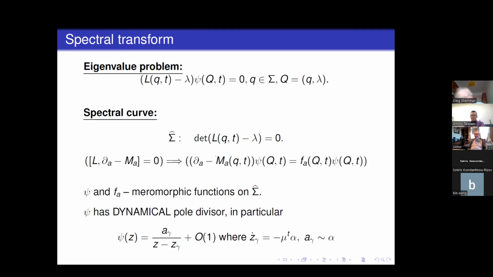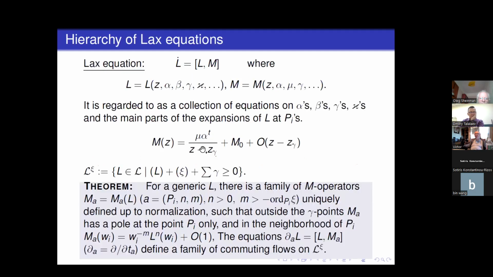And the evolution of the point gamma is governed by this differential equation: the time derivative of the coordinate of gamma is equal to such a scalar product of mu, which comes from the definition of the M operator.